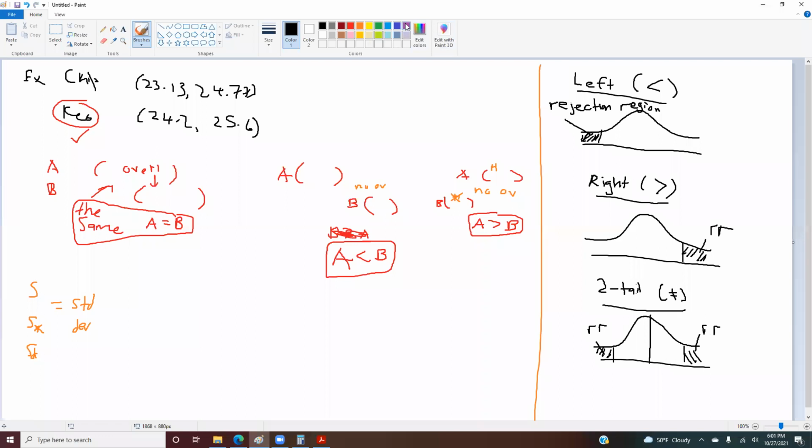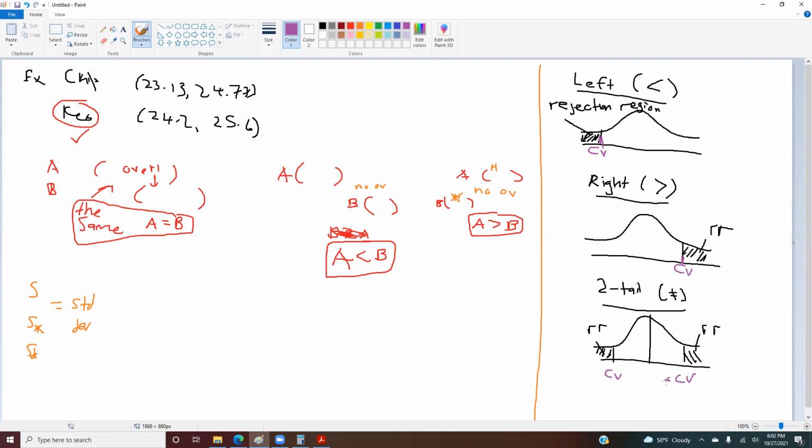Now the value that you see over here is called the critical value. This number is the cutoff between the rejection region and the accepted region, the other side without shading. If you have a two tail test, your critical value is the same.